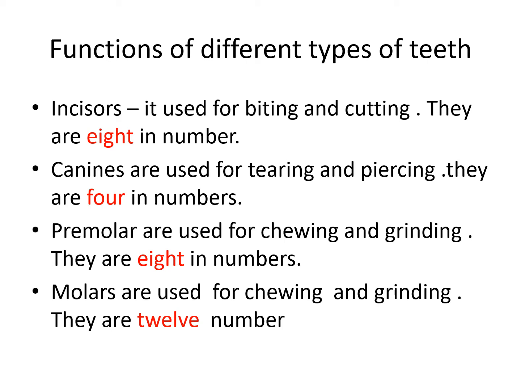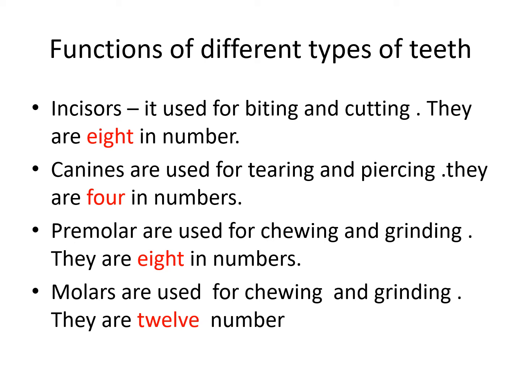We said that premolars are uneven if you look at their tops, and they have 2 roots. So when it comes to their function, premolars are used for chewing and grinding. We have four premolars in the lower jaw and four in the upper jaw.